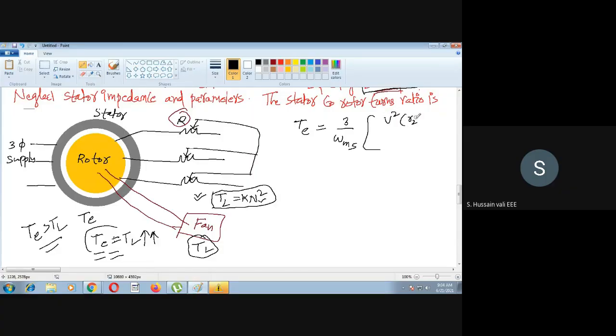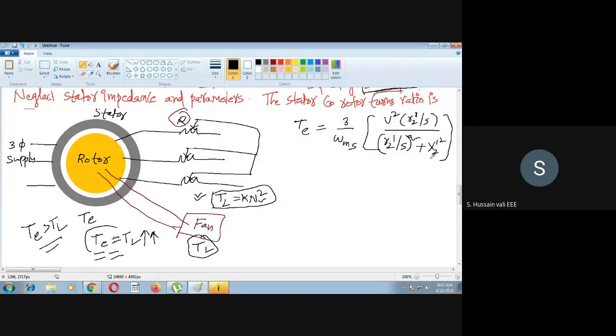R2 dash by s, whole divided by R2 dash by s, whole square, plus X2 dash square. If there is any change, you can tell me also, no problem.